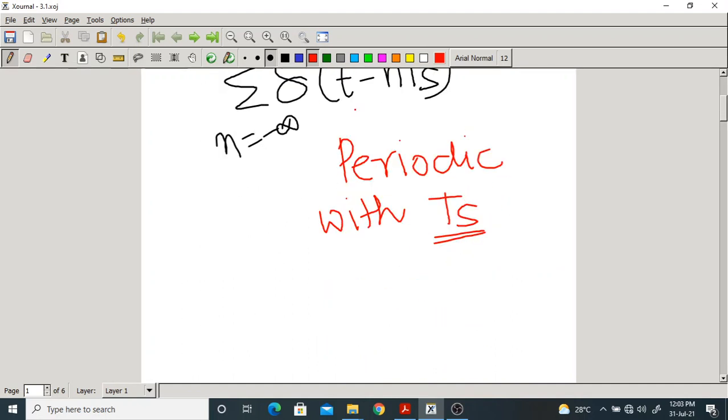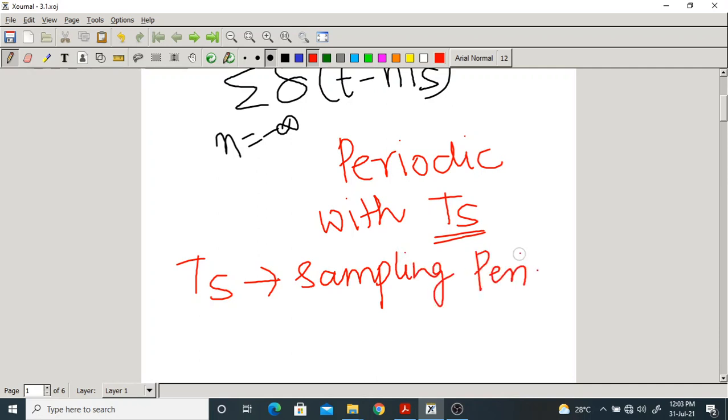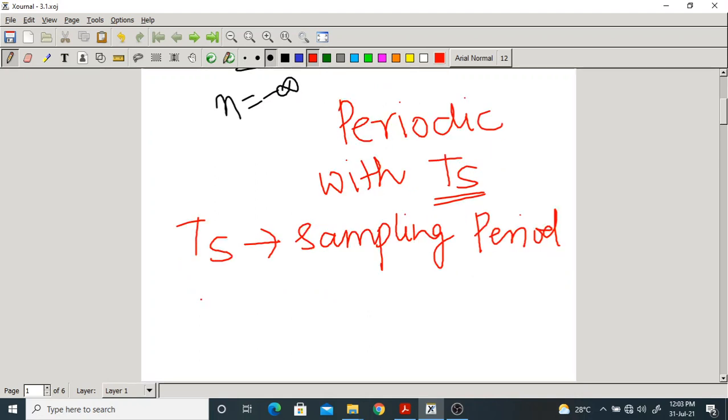Now what is Ts called? It is called the sampling period or sampling interval. Obviously 1 by Ts is equal to Fs. What is Fs called?